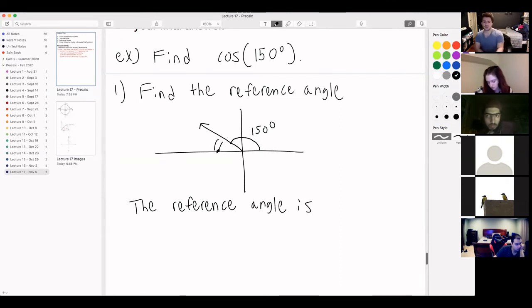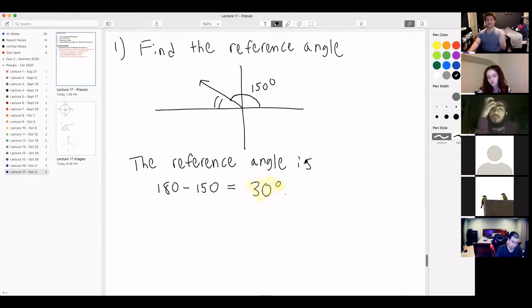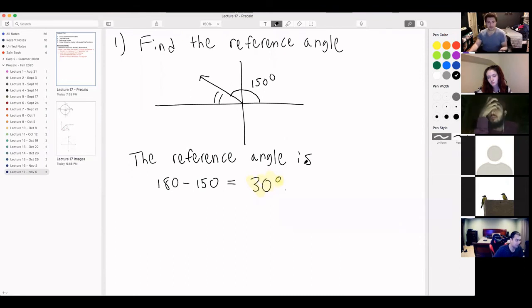We're going to want to do 180 minus 150. That's how we get this angle. 180 minus 150 is 30 degrees. That's step 1. Yes, 30 degrees, very good. I think that's the hardest step, honestly, because the rest are relatively simple.